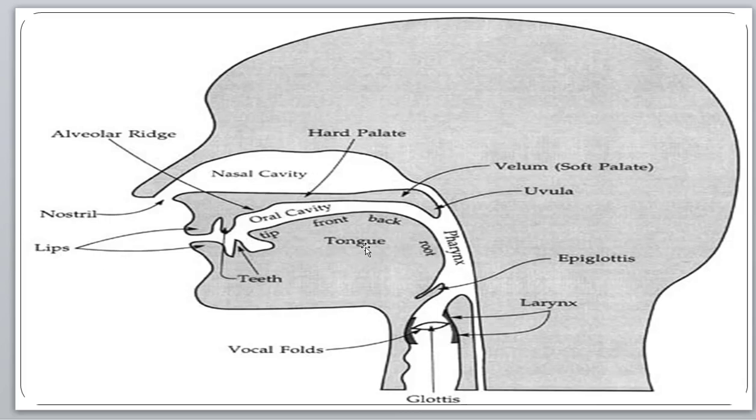I have just drawn a figure of the tongue which has the tip above the alveolar ridge, the front part of the tongue below the hard palate, and the back part of the tongue below the soft palate.